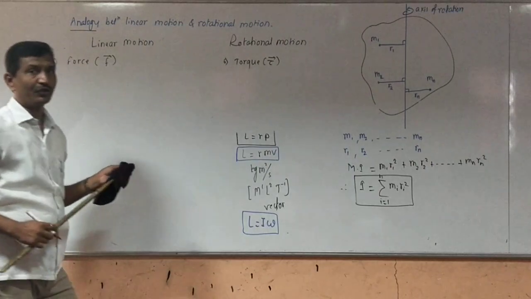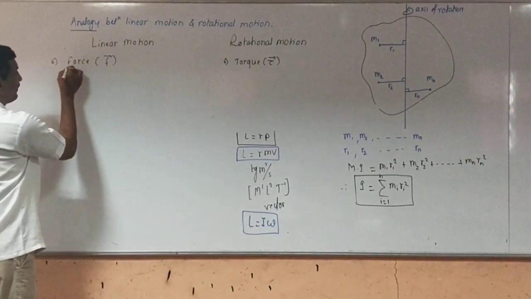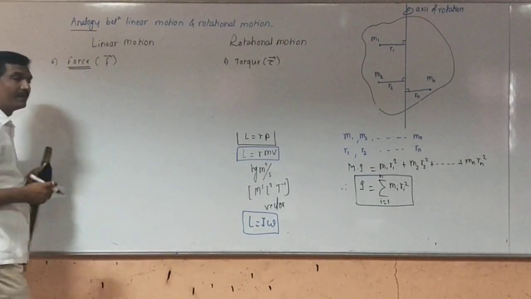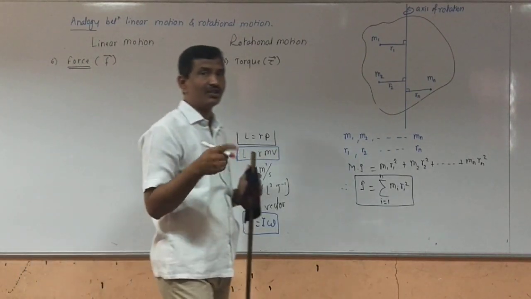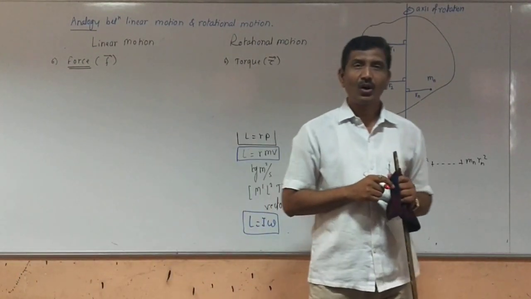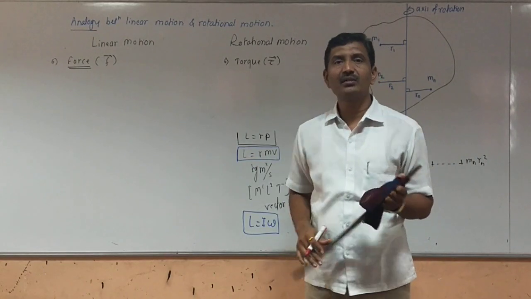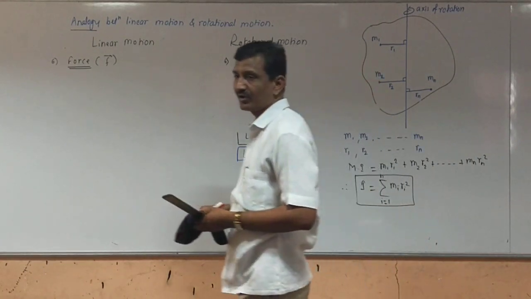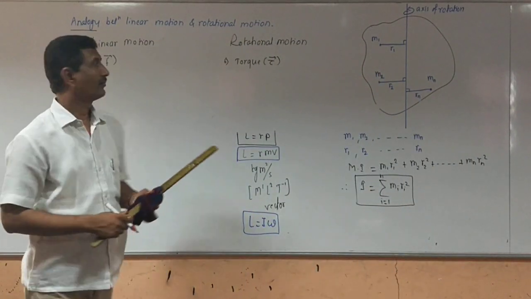We are familiar with force, a physical quantity which changes or tends to change the state of rest or state of uniform motion of a body along a straight line.